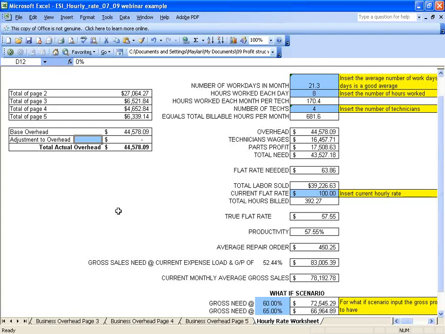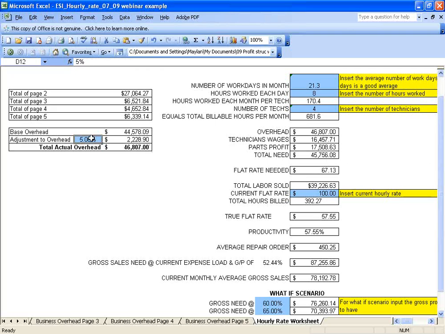Just like on an estimate to a customer, I always like to have a little cushion just in case something happens, just in case we have an unforeseen expenditure. We can go in here and add a percentage, say 5%, and it's going to up our expenses, which in turn tells us we have to change our calculated rate.